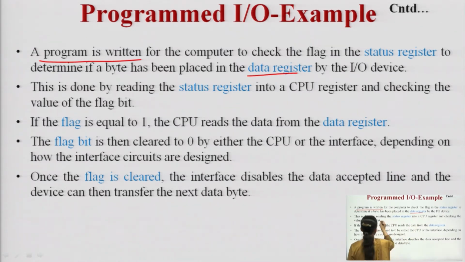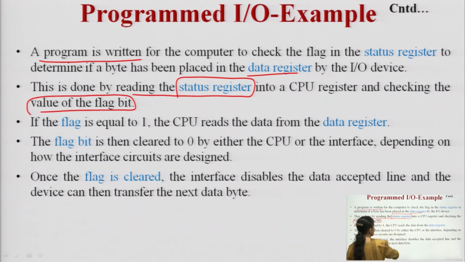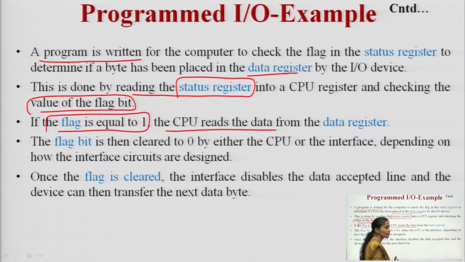This is done by reading the content of the status register into the CPU register and checking the value of the flag bit. So either that flag bit will be 0 or it will be 1. If this flag bit is equal to 1, what does this mean? This means the CPU reads the data from the data register, meaning the transfer is taking place.